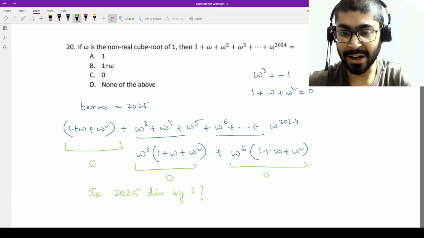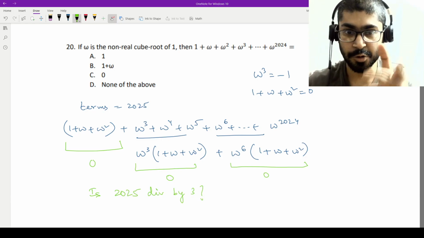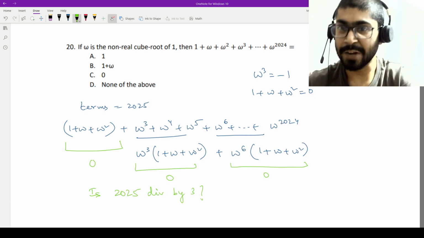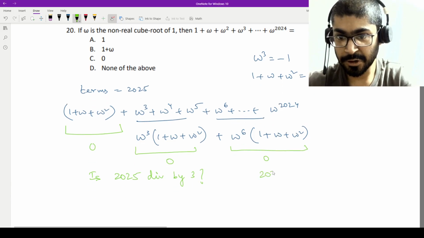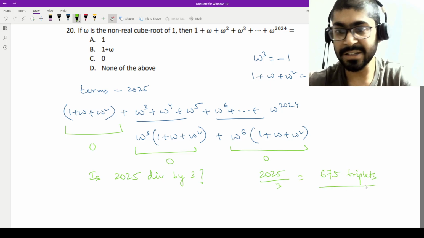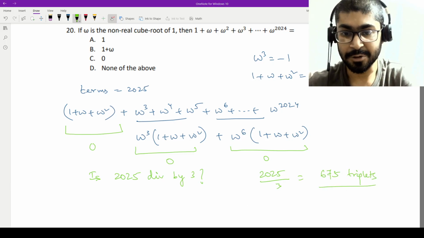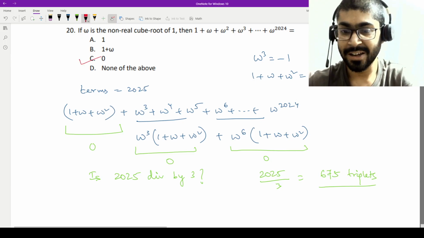That would mean there are all triplets and no values remain. 2 plus 2 plus 5 is 9, yes. So how many triplets will there be? 2025 divided by 3 gives you 675 triplets. All of these 675 triplets will give you the value 0. So if you add 0 675 times, you will get 0. Option C. Again, two very easy questions from complex numbers.